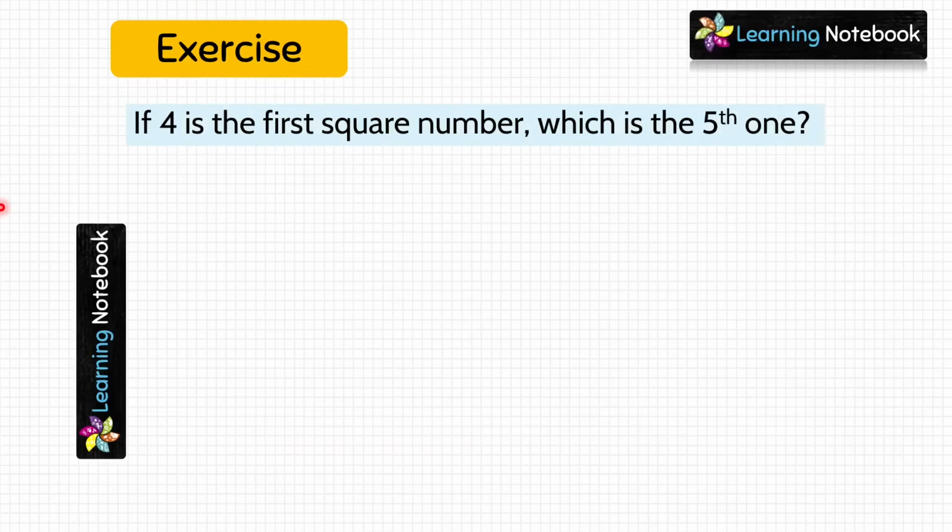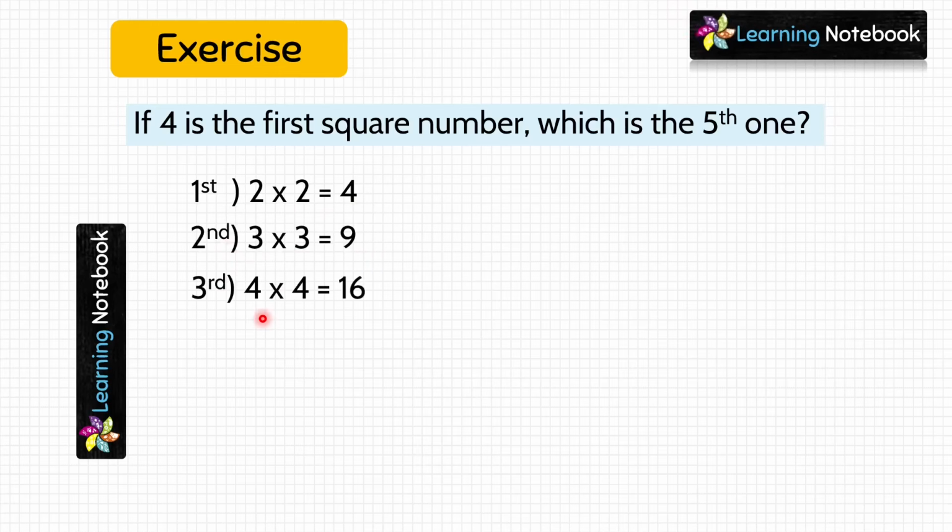Next question. If 4 is the first square number, which is the fifth one? So here it is given, if 4 is the first square number, which will be the fifth square number? So let's write, first square number is 4. It means 2 into 2 equals 4. Second square number will be 3 into 3 equals 9.